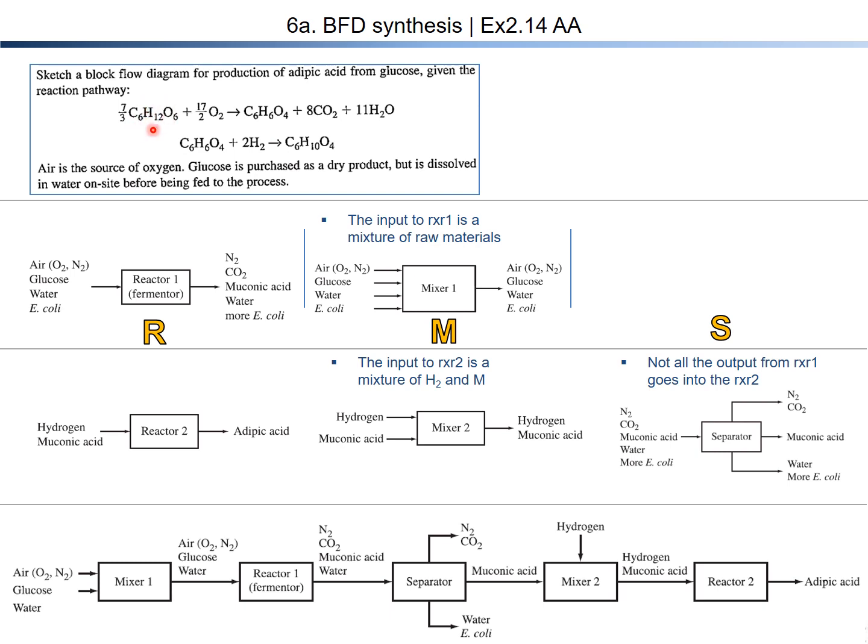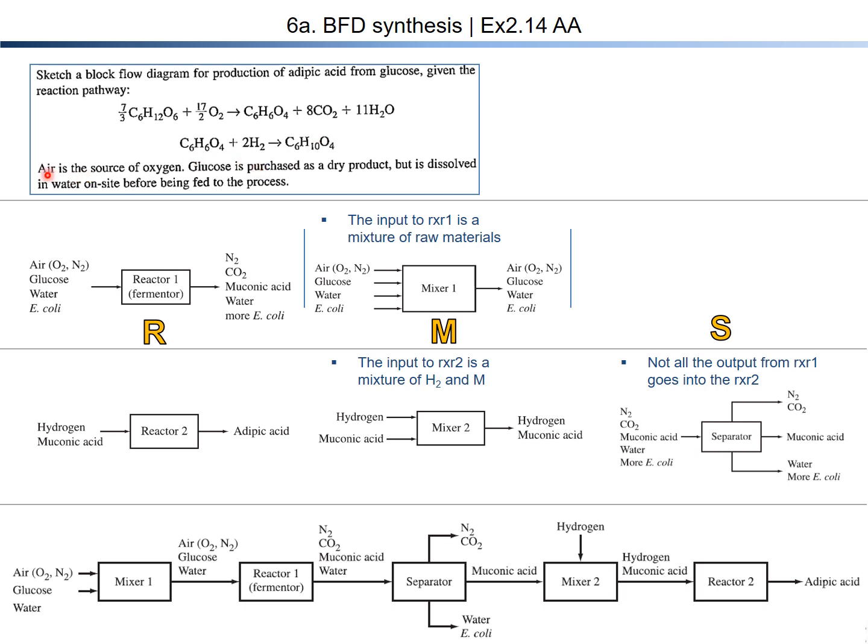This is food, and for digesting the food, we need to have oxygen like a human being, and then the product is carbon dioxide and water, like combustion. This muconic acid as an intermediate is hydrogenated into the final desired product, adipic acid.